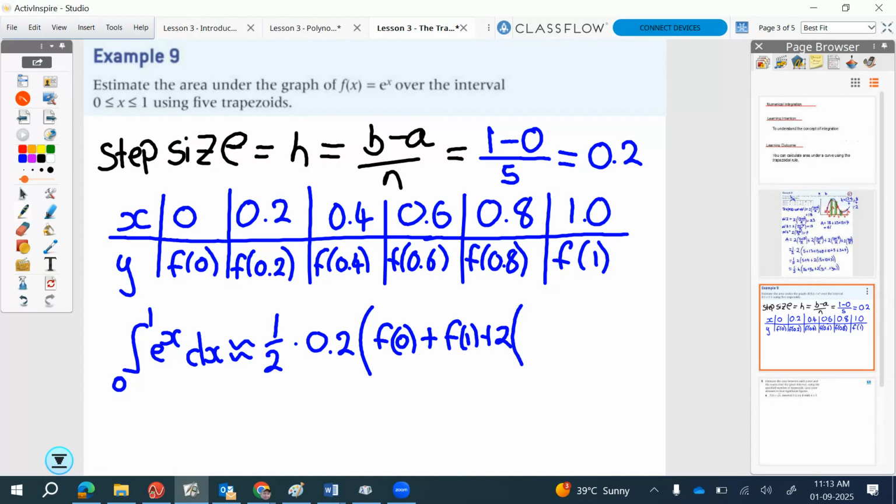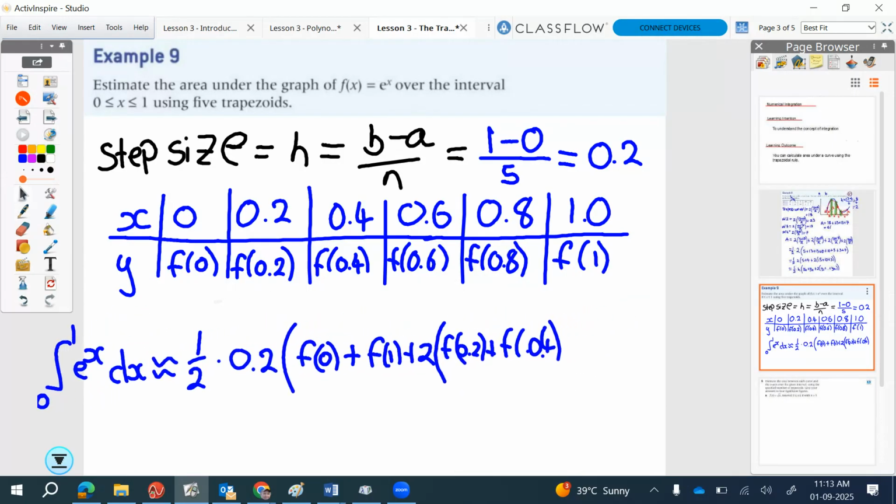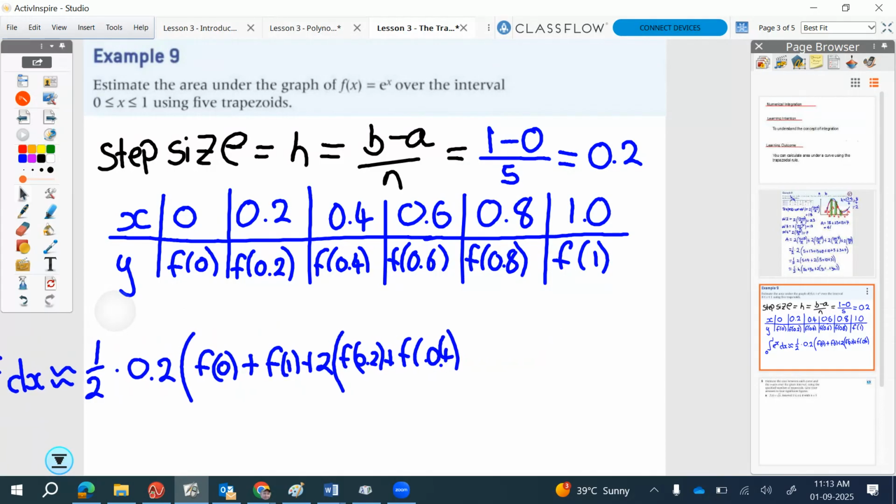So that is f of 0.2 plus f of 0.4 plus f of 0.6 plus f of 0.8.